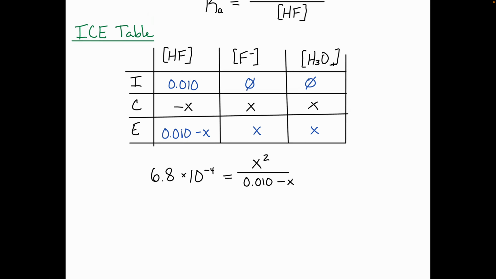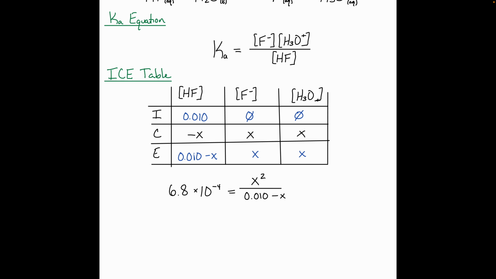All right, so filling in our ice table into our Ka equation, we get that Ka value, that's 6.8 times 10 to the negative 4, is equal to x squared over 0.010 minus x.